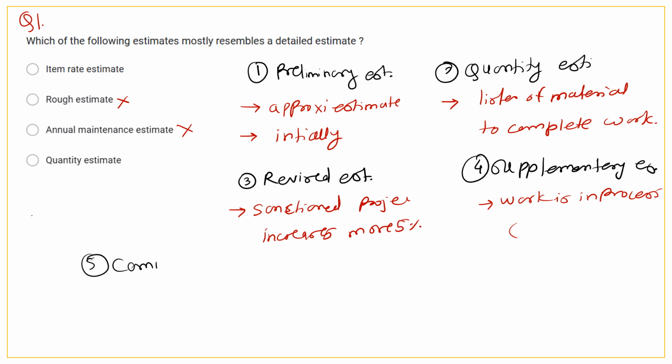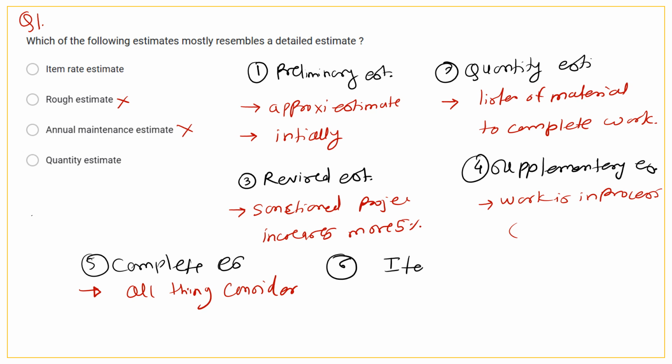The next is complete estimate. In case of complete estimate, each and every material, labor cost, every cost is considered, all things considered here. And the last one is item rate estimate.